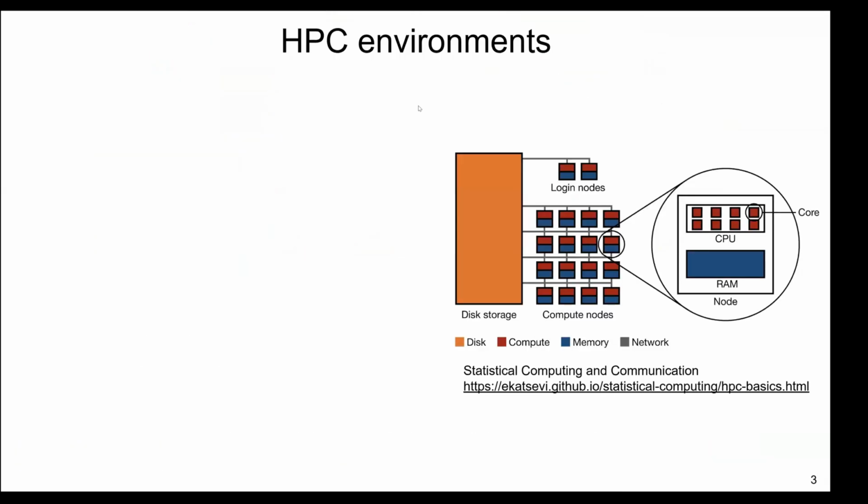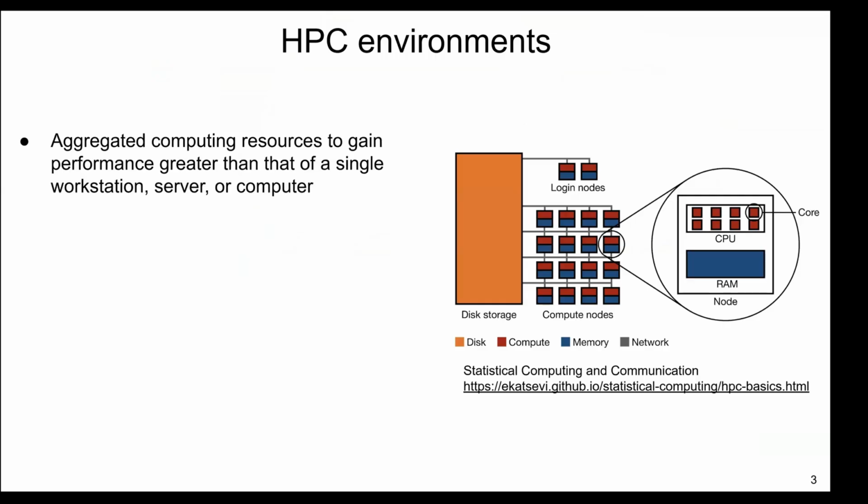Right. So to give you a bit of background on what an HPC is, it's an aggregation of computing resources that allows greater performance than a single computer or a single workstation. On the right, you've got a small figure showing what an HPC is, but you can think of this as a lot of very powerful computers linked together, on which you can share jobs and workloads.